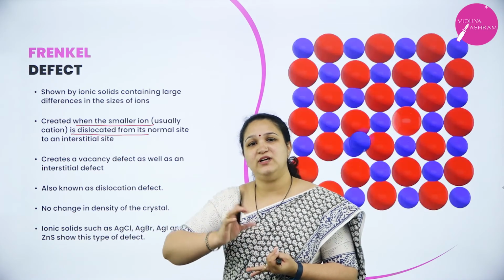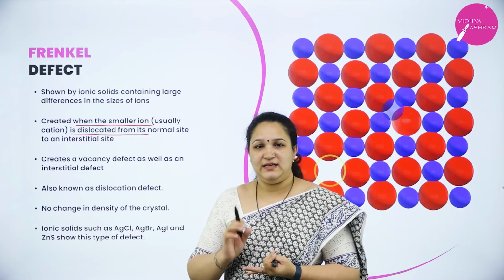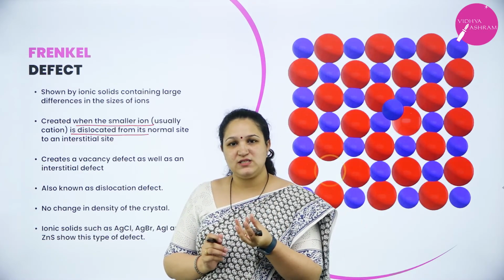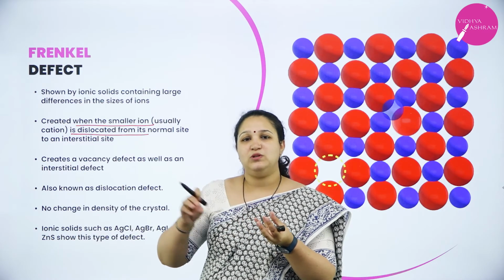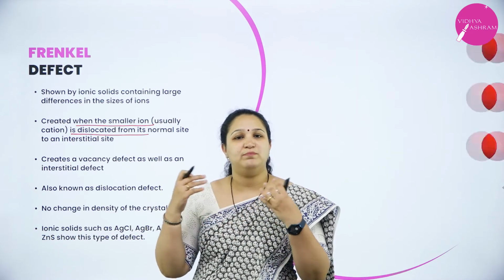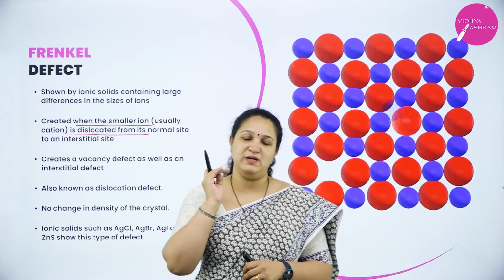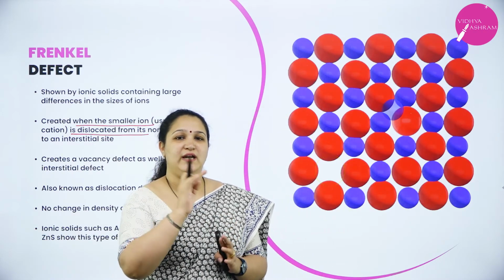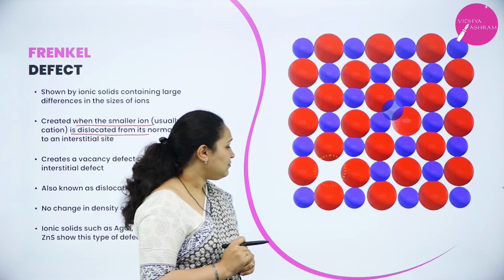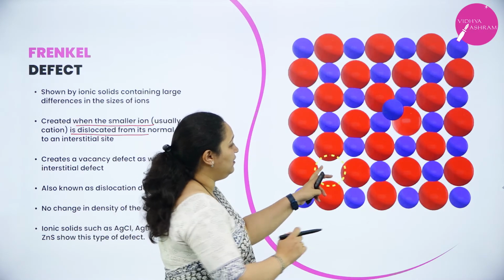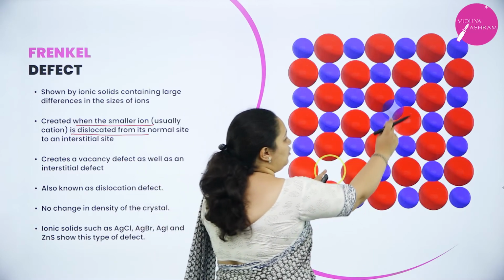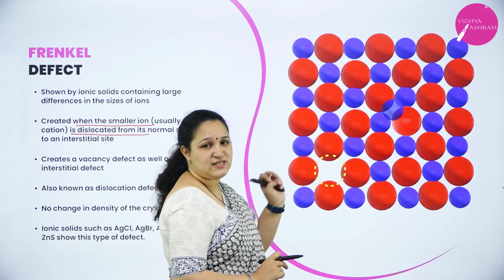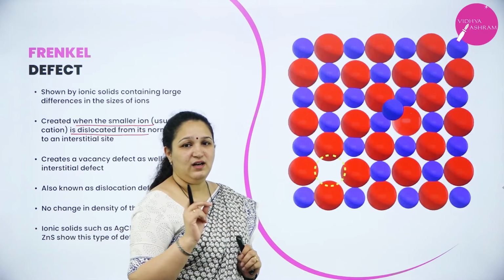It shows both the defects simultaneously. That is, cations, which are of smaller size, go missing from their original site to the interstitial site. It is not completely missing, it has gone from its original site to the interstitial site. Here you can see, from here it has gone over here. Then we call it Frenkel defect.